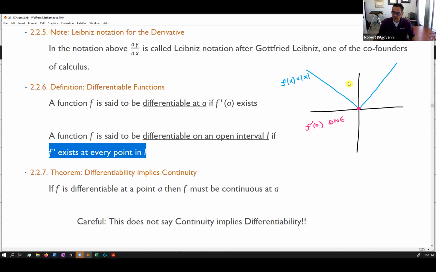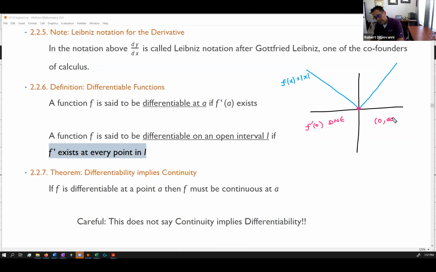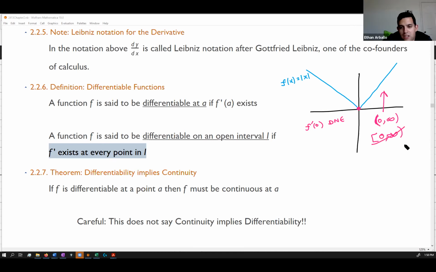So looking at this function, the derivative does not exist at 0. But how about on the interval from 0 to infinity? Is this function differentiable from 0 to infinity? Yes, because it's an open interval, so 0 isn't included.